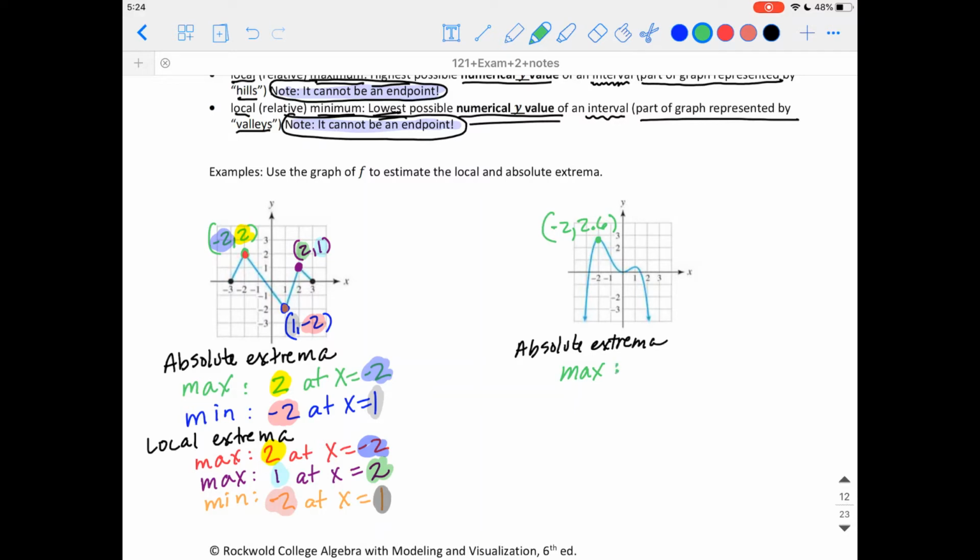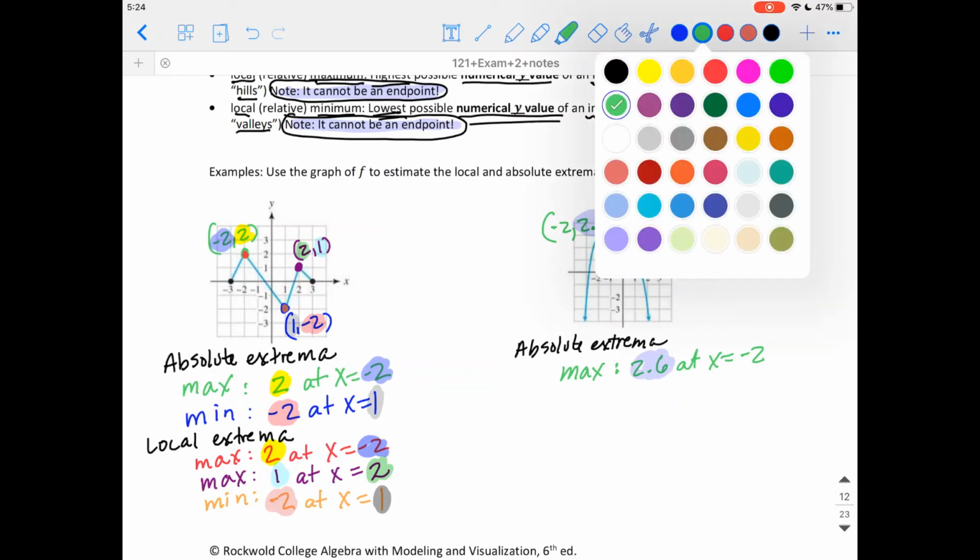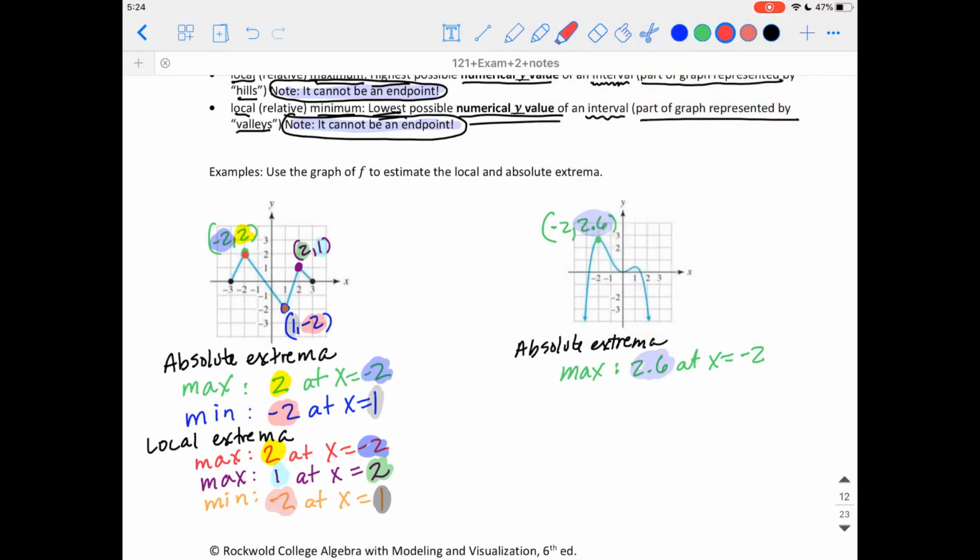So that means we have a max of 2.6 at x equal to -2. So let me highlight here. 2.6 is this 2.6, and at x equal to -2, excuse me. There we go.